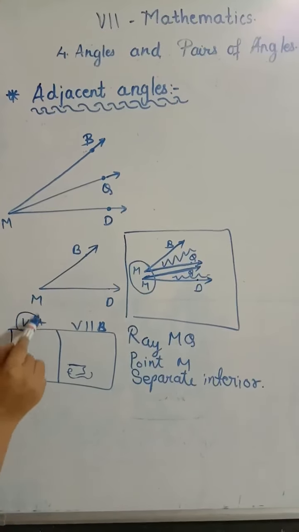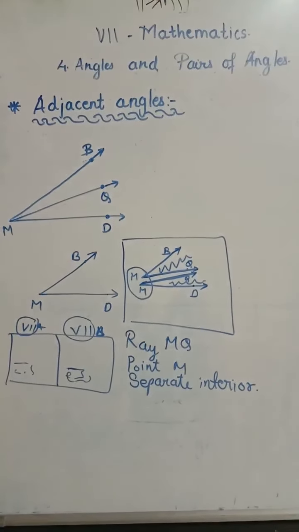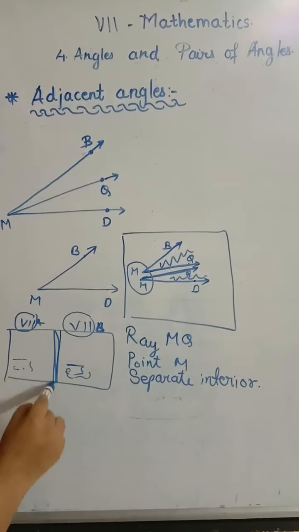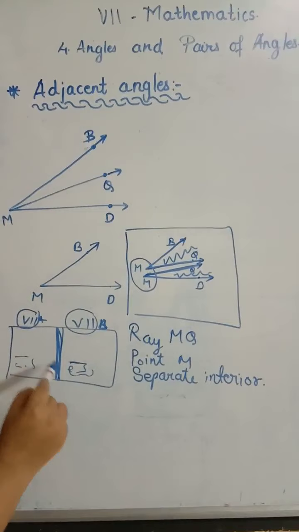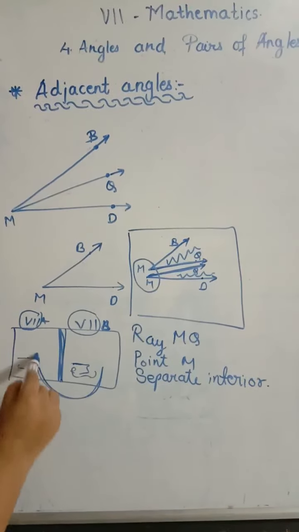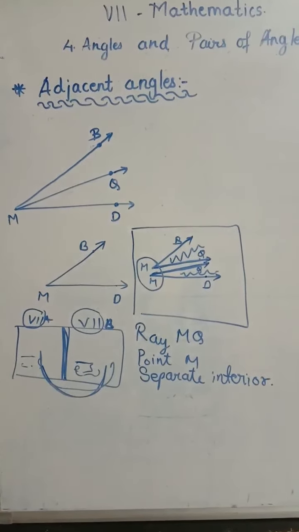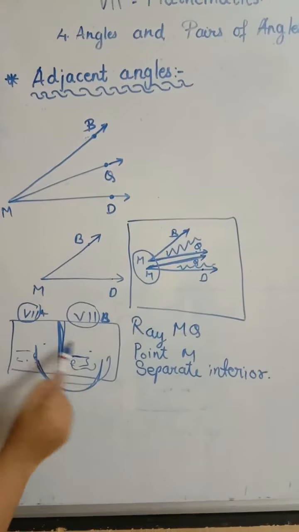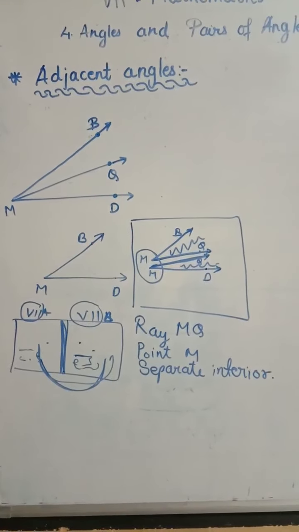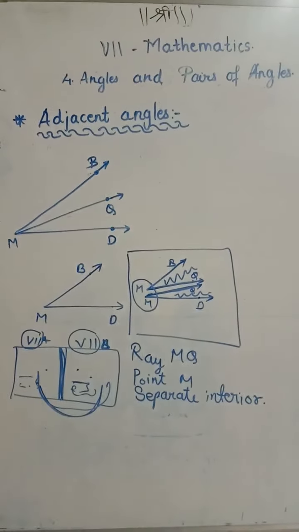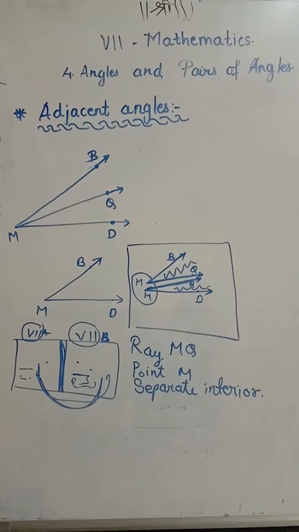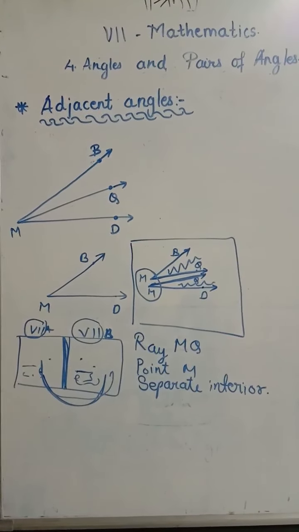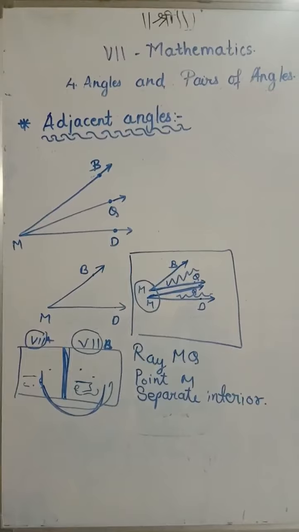You are studying in class 7th. Again, a wall is common. But what is separate? Your interiors are separate. So these are adjacent classrooms. Understood? In the same way, these are adjacent angles.